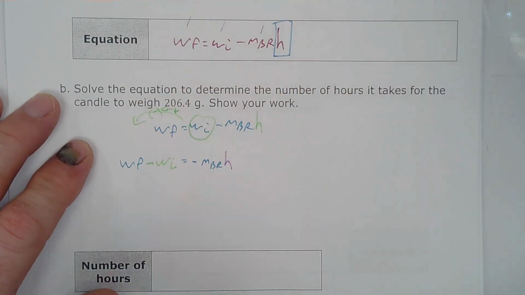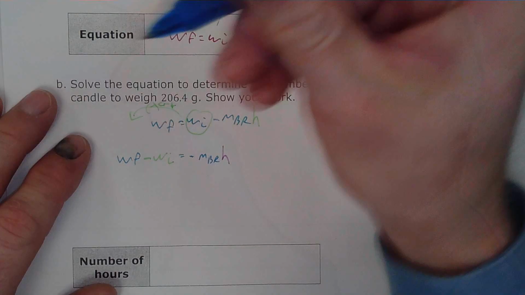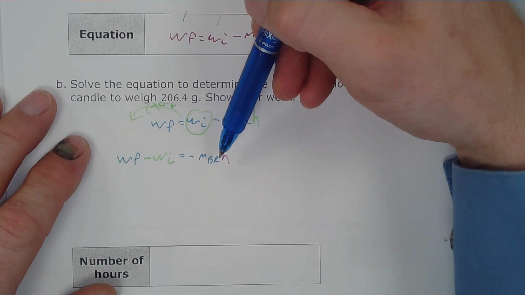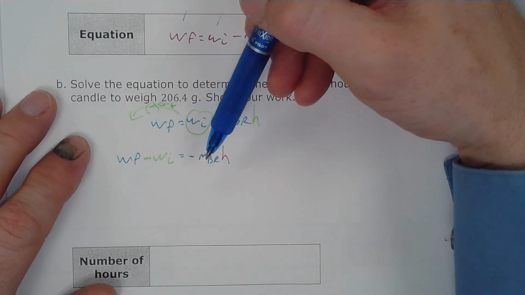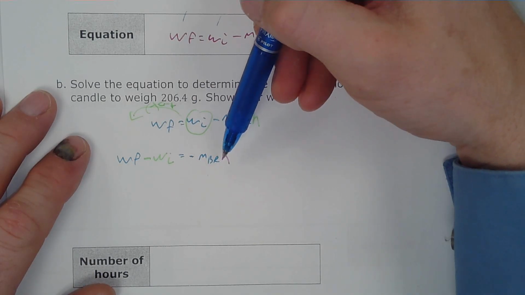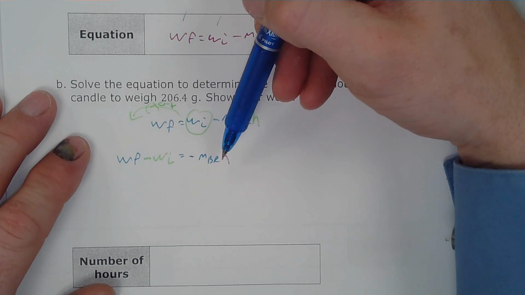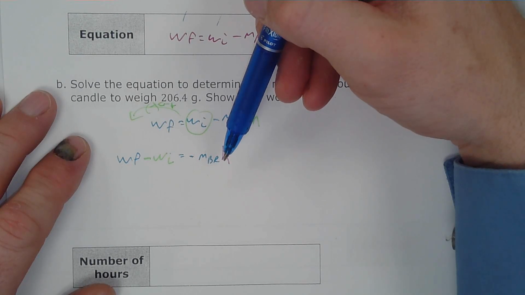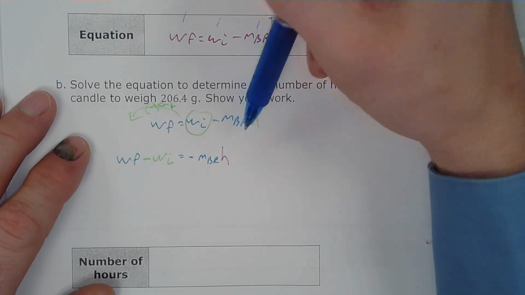All right, so what do I have here? I have two variables multiplied together. How do I get the h? Divide both sides by the other thing you don't need. Usually this is a coefficient.